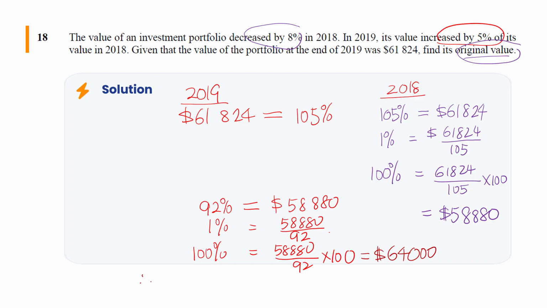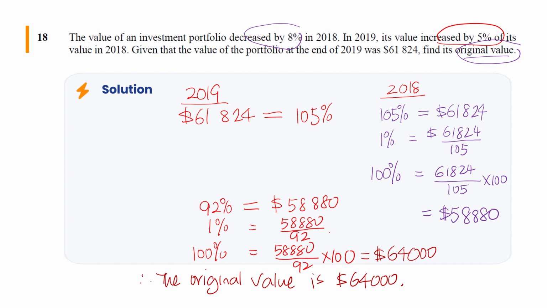So therefore, the original value is 64,000. There's actually a way of checking to see if the answer you have calculated is correct or wrong. We have calculated the original value, so we're going to use this value and decrease it by 8% to get the value in 2018.